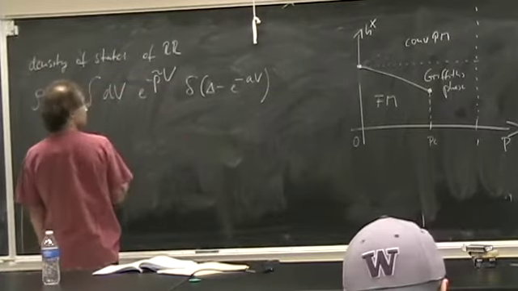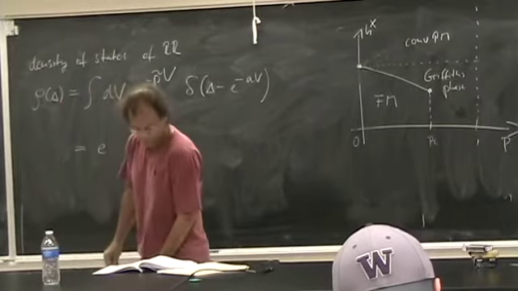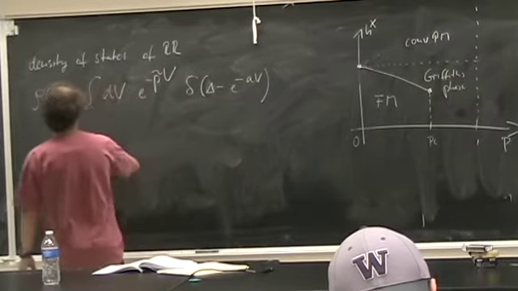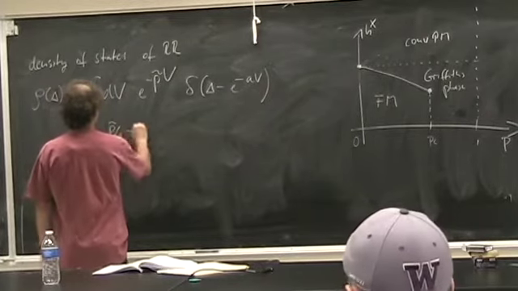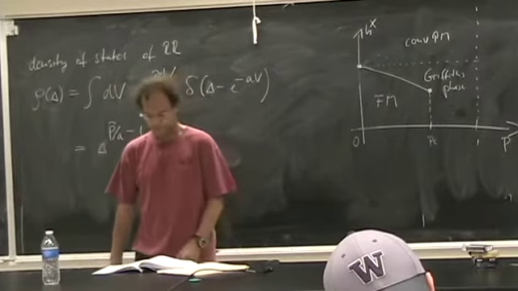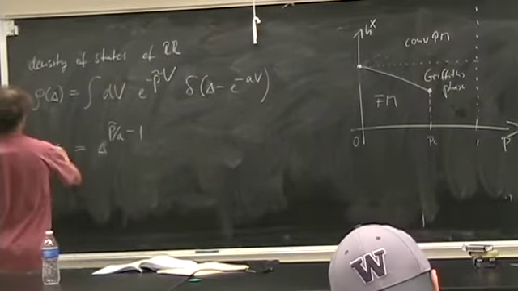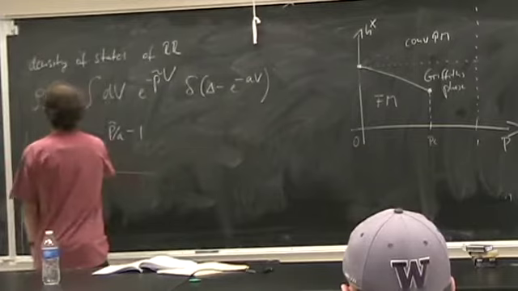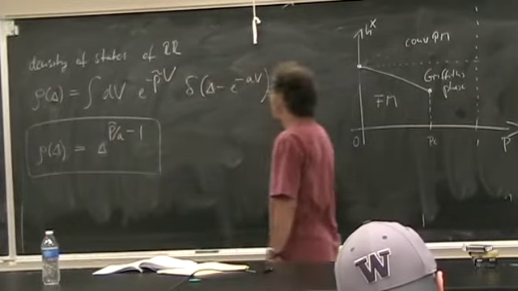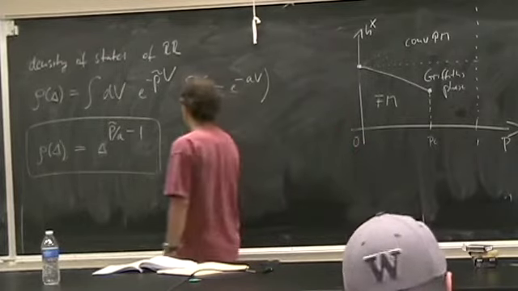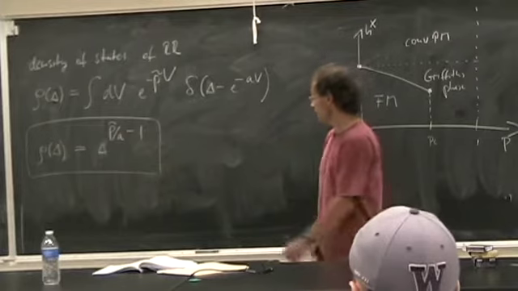So what you get is e to the minus delta to the p tilde over a minus 1.